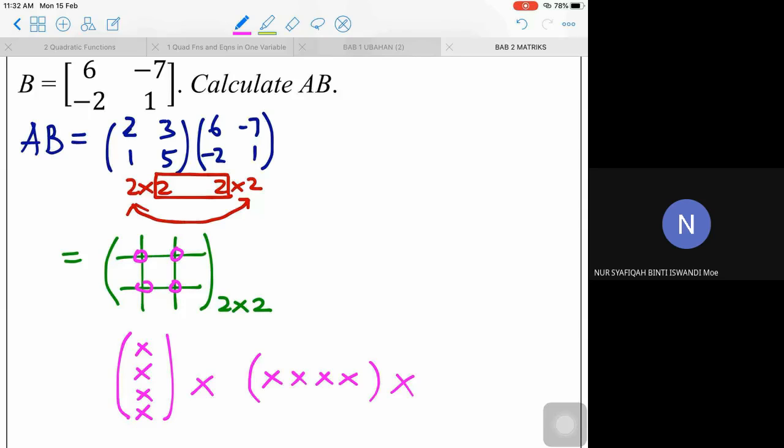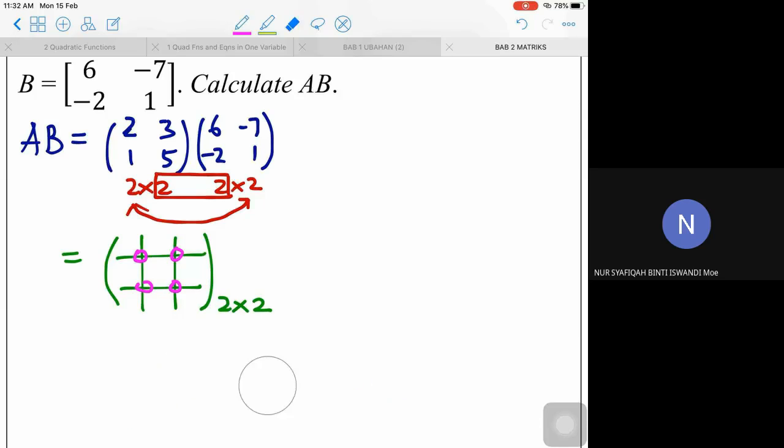Okay, now I will show it to you. The row-column technique. For this technique, we need to draw a cross. Okay, this is a cross.